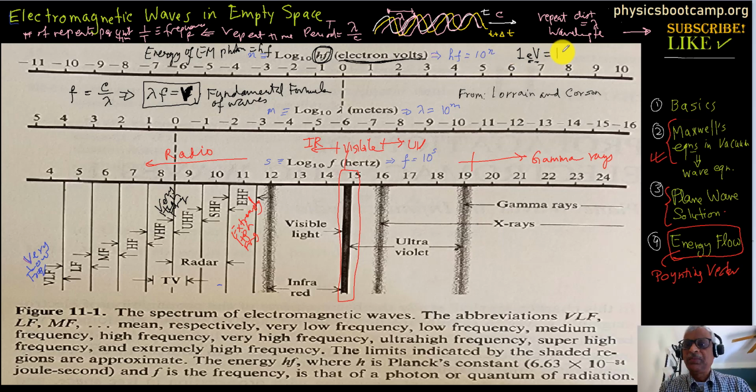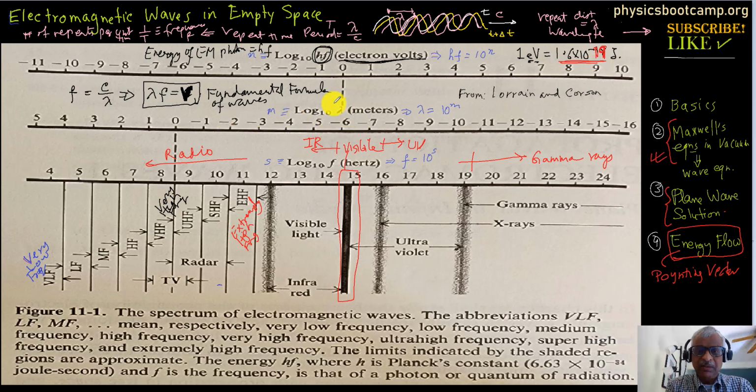This will be 1.6 times 10 to the power 18 joules. It's not 18, I misremembered. It's 10 to the minus 19 joules. And that's the charge of an electron in coulombs. So it's a very small amount, but that's not the energy of an electromagnetic wave. It will have many photons, and then there will be a millijoule and things like that. Okay, all right.